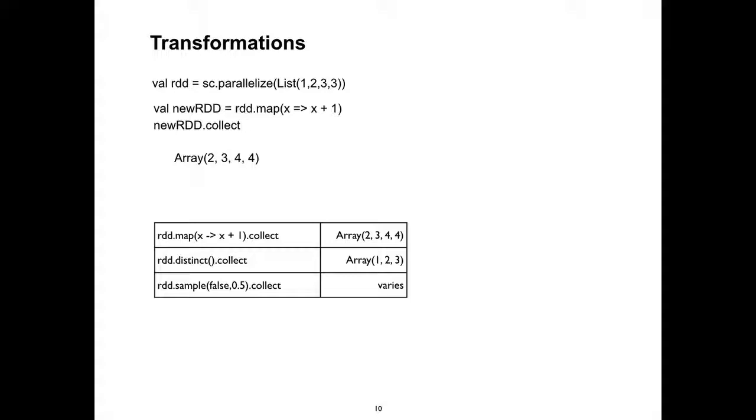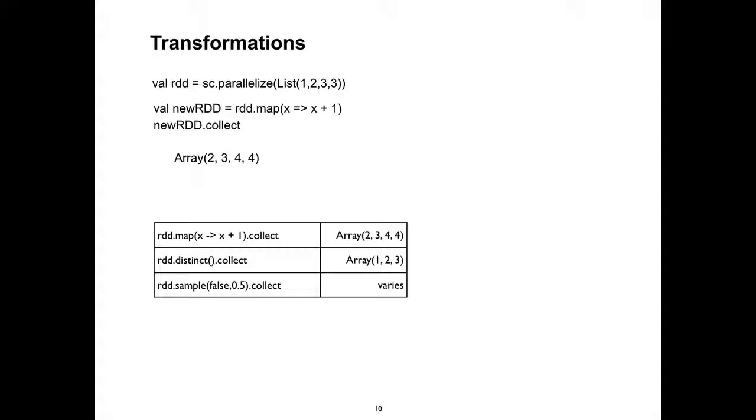So this should run, and it should always give you the same answer. So it's a pretty simple program. What are we doing? Well, again, it's SC for context. Instead of reading data, I'm going to parallelize a list. And that will create an RDD, which will be executed on the worker nodes.